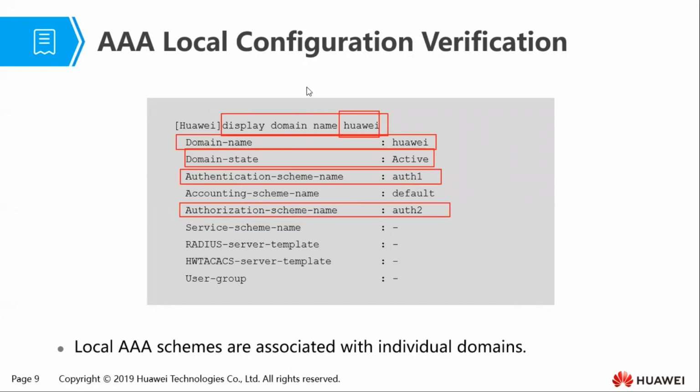And as you can see here, the accounting scheme name is the default, and the default is actually no accounting, none, because we've not specified either a RADIUS or a Huawei terminal access controller access control server. We've not specified them. So the default accounting scheme is actually non-accounting.